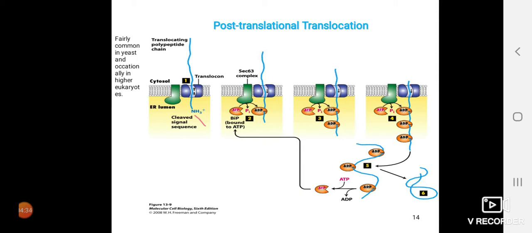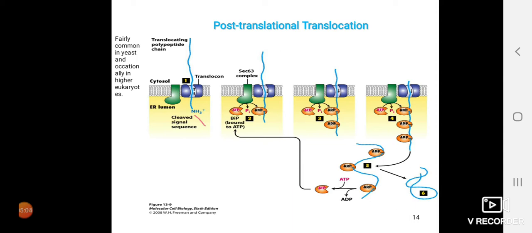This usually happens in eukaryotes with the translocon complex, and people have studied in yeast that it happens with the translocon complex with the help of another small protein complex called the Sec63 complex.